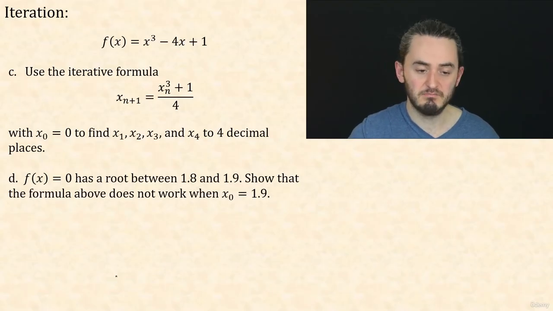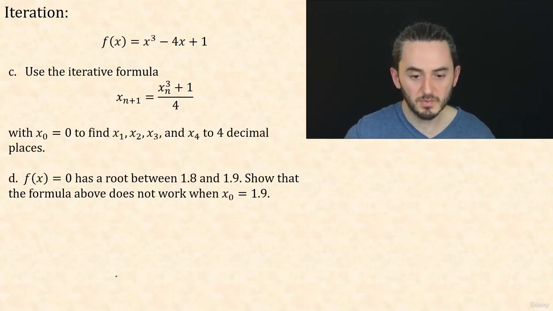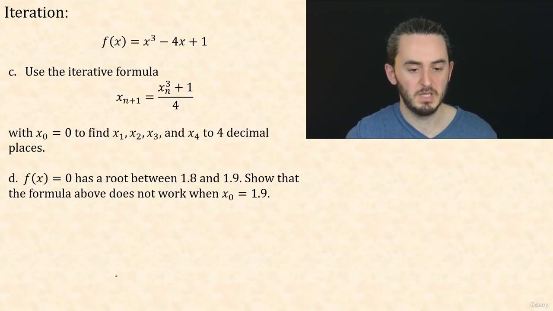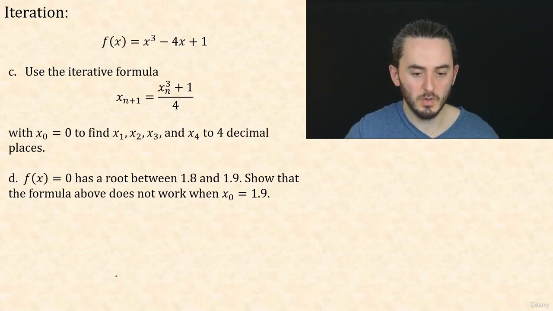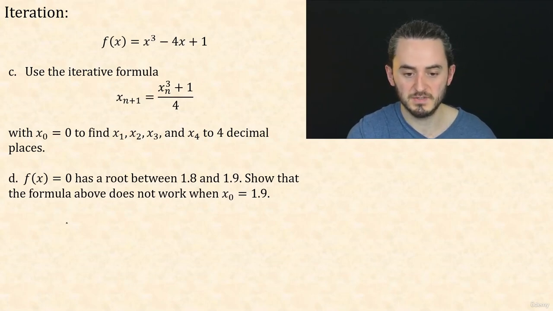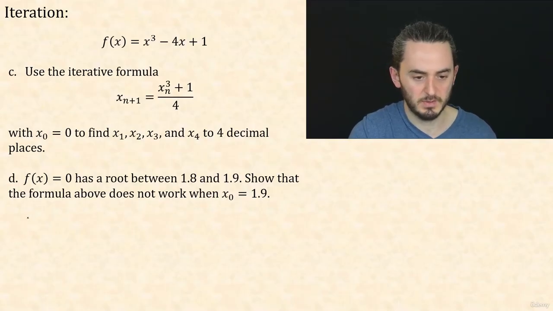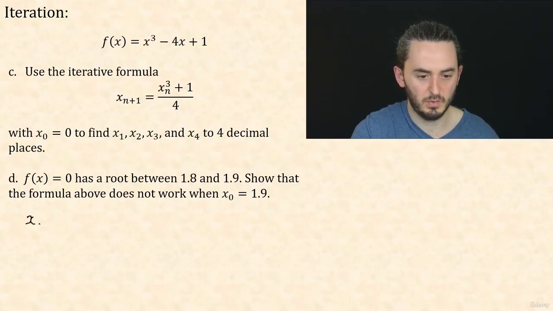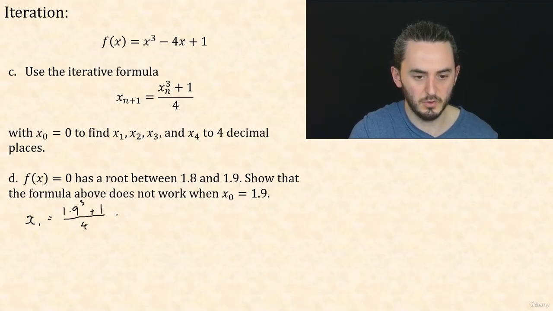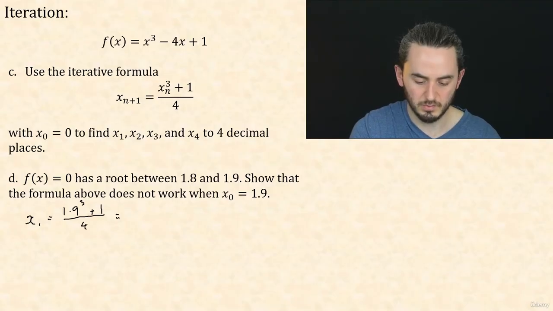Okay, in part D, f of x equals 0 has a root between 1.8 and 1.9. Show that the formula above does not work with x0 equals 1.9. So, okay, well, let's just try. So x1 would be (1.9 cubed plus 1) over 4. So what's that?